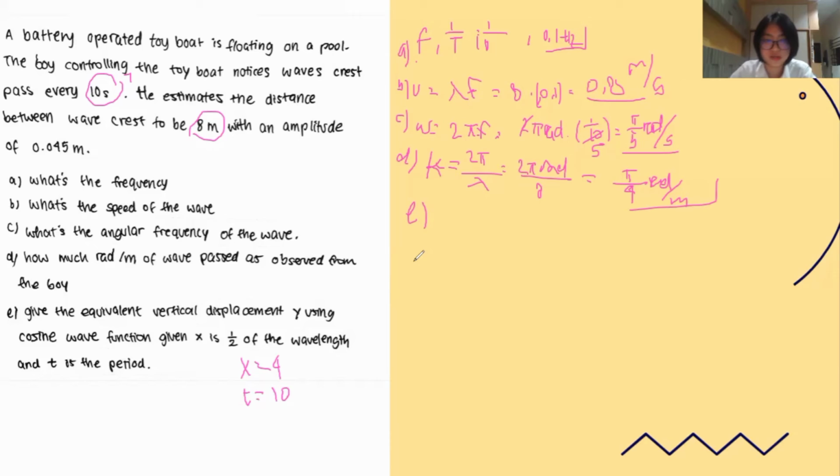And a cosine wave, what is the formula for a cosine wave? It is y equals amplitude times cos, inside will be k times x minus omega t.